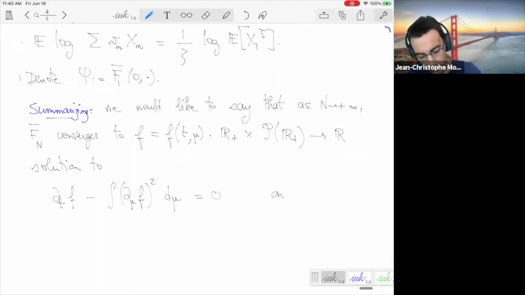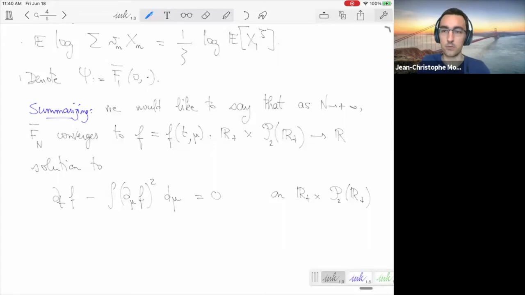I'm going to say it's on P2, those measures with finite second moment. But you need some moment condition; P1 would also be fine. Let's say P2 for definiteness. And then the initial condition is this function we just talked about. Okay, does that answer the question in the chat?